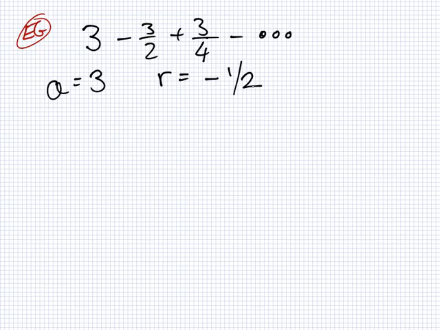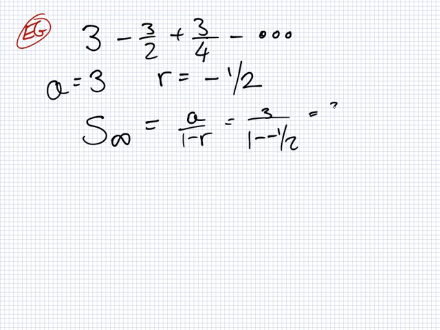Yep. So using my new formula, the limit here is a over 1 minus r, 3 over 1 minus minus a half, 3 over 3 over 2, which is 2. Okay, write this down, and then I want to show you this in Excel.